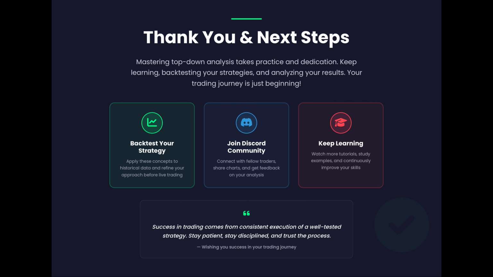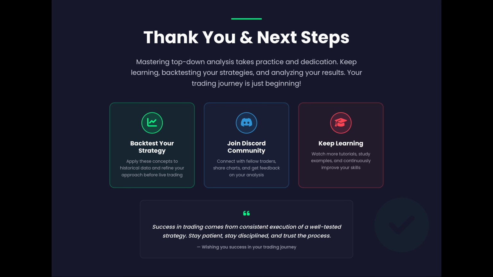Now, I also encourage you to seek feedback and connect with trading communities. Join forums, participate in Discord groups, share your charts and analysis. But, and this is crucial, be selective about whose advice you follow. There's tremendous value in community, but there's also a lot of noise and bad information.